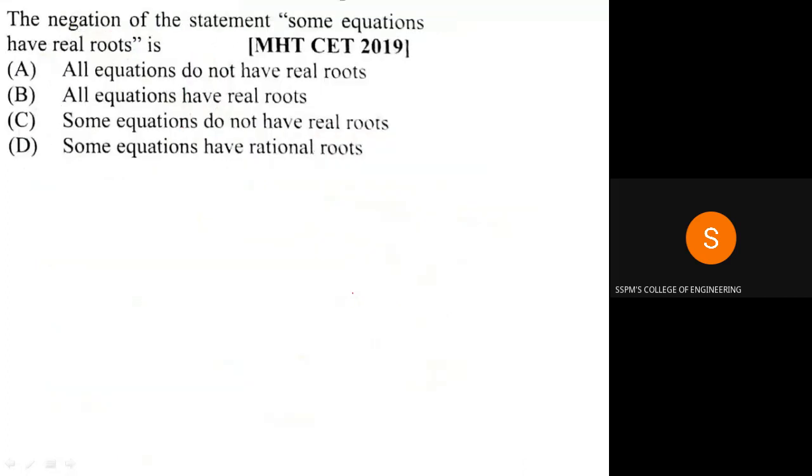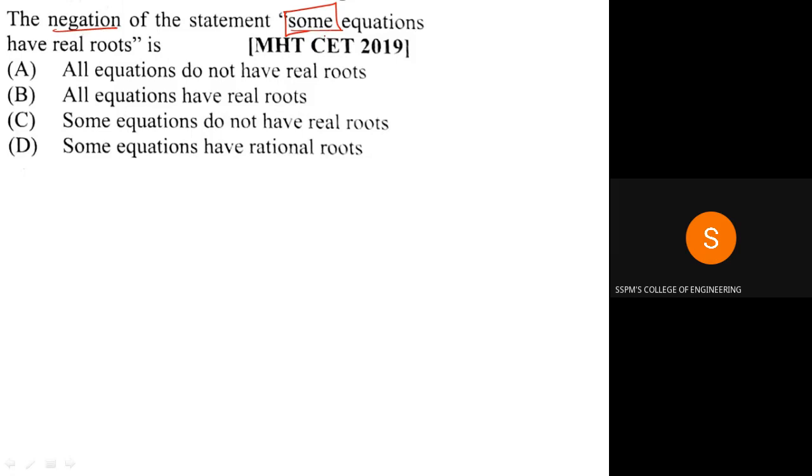Okay, next example. All these were asked previously in your examinations, the CET examination. Now we have to find the negation of the statement: some equations have real roots. What is "some"? This is the essential word.